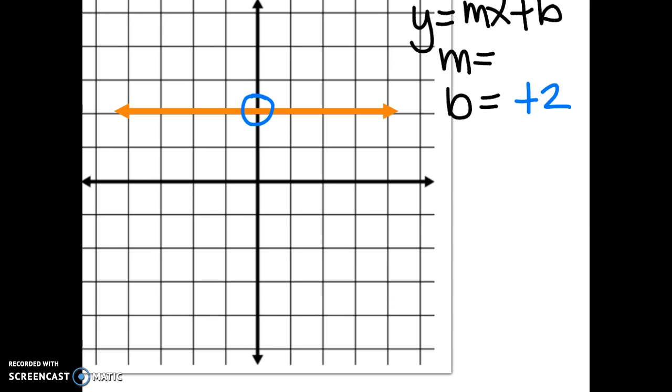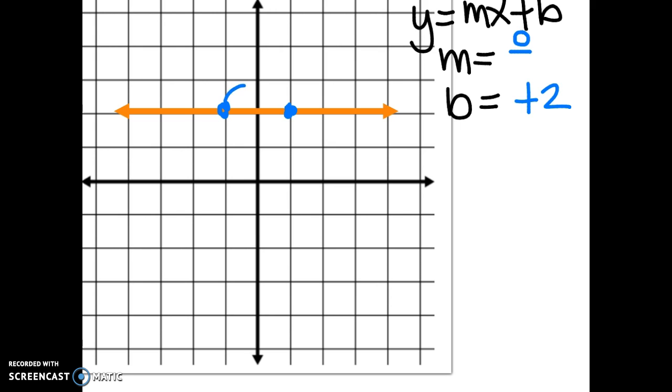What about my slope? Change in y over the change in x. So if I'm going to move from this point to this point, I don't go up, I don't go down. So that means that top number is going to be 0. Hey, I think I know what's going to happen.